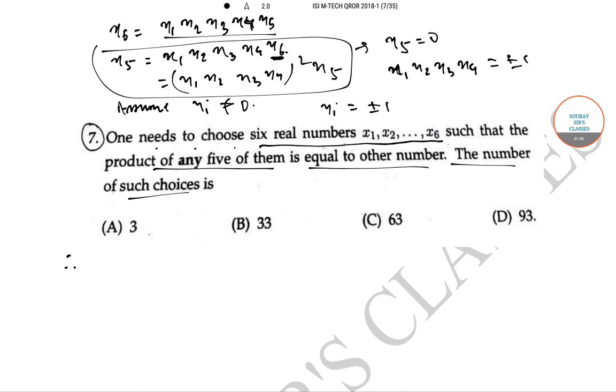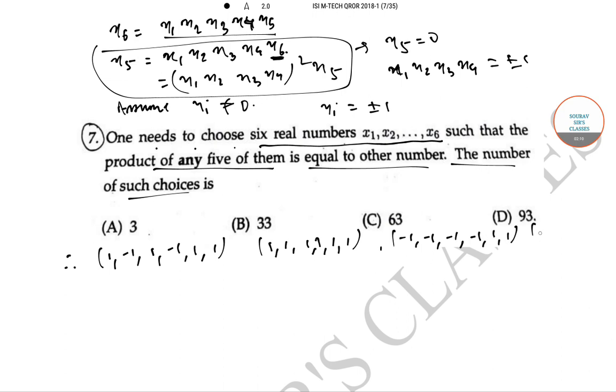So therefore, we can have the following combinations: 1 minus 1, 1 minus 1, 1 1, or all are positive ones. Again, we'll have 4 negative ones and 2 positive ones, or all negative ones.